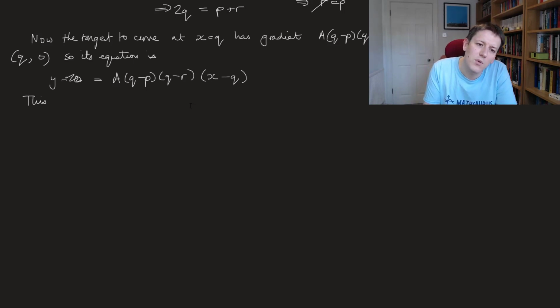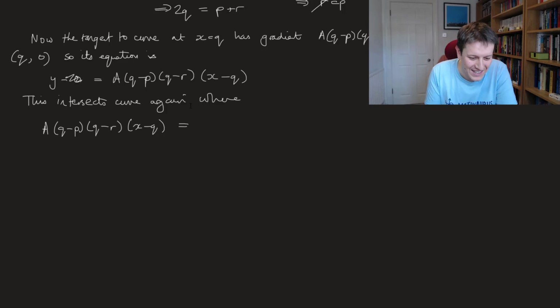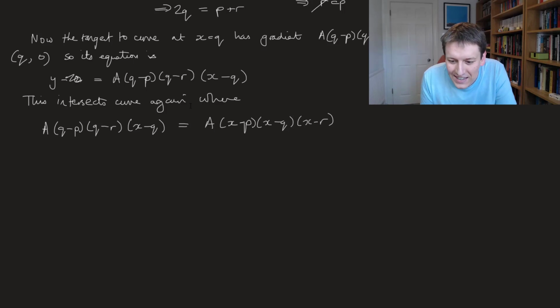So we want to know whether this intersects the curve again, right? So this intersects the curve again where this equation of the tangent is equal to the equation of the original curve, which is just a times x minus p times x minus q times x minus r, right?